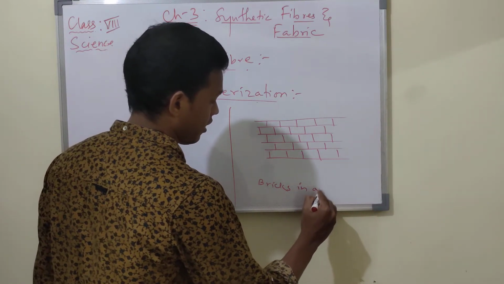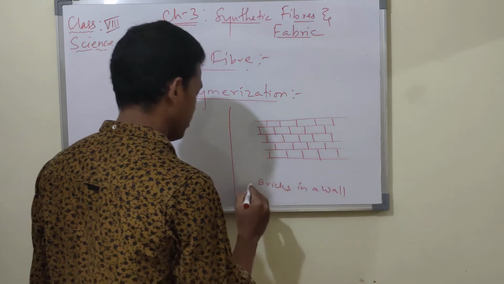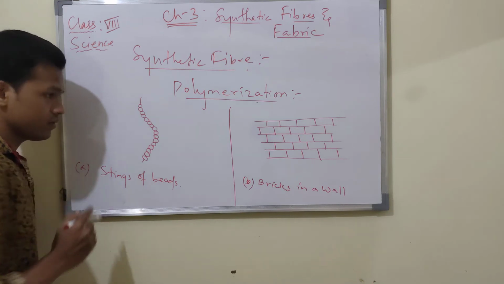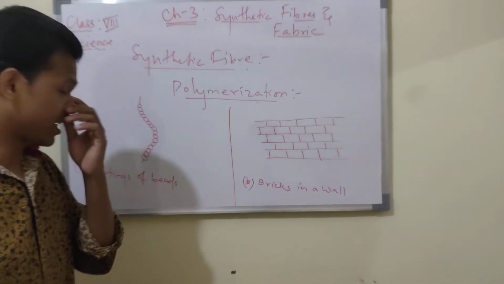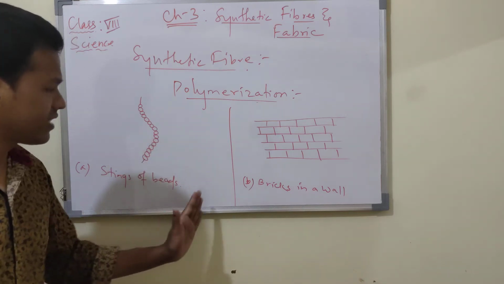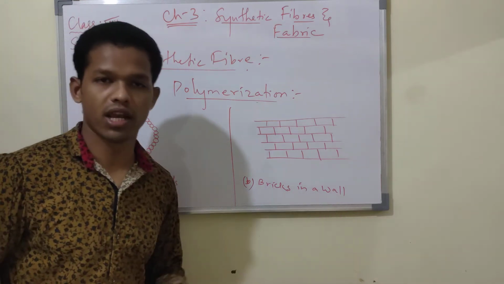Bricks in a wall. This is B. This is A. So to understand the term called polymerization, I am taking two examples, that is strings of beads and bricks in a wall.